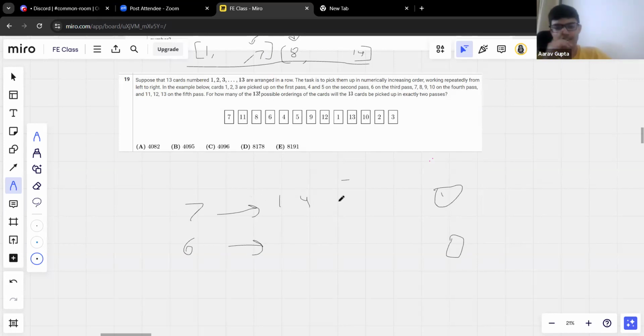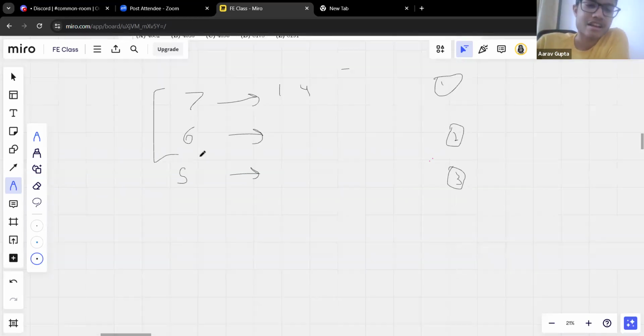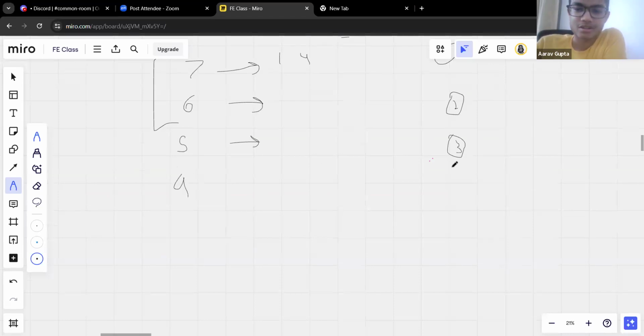But 7 is already connected to 14, so one of them will be gone. So it can have 2 cases. And similarly, 5 will have a total of 10, 11, 12, 13, 14. 5 can also be connected to 5 things, but 2 of them will be gone due to 7 and 6. 5 can be connected to 3 things, and 4 can be connected to 4 things.